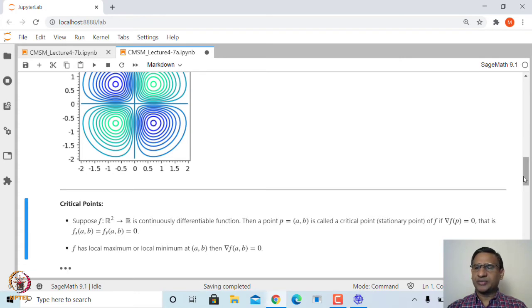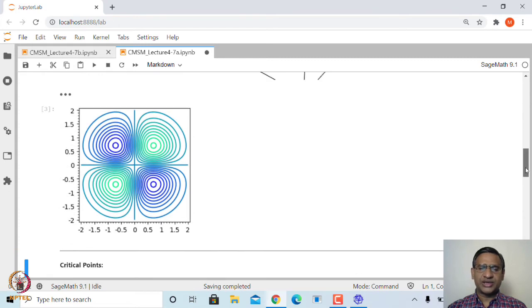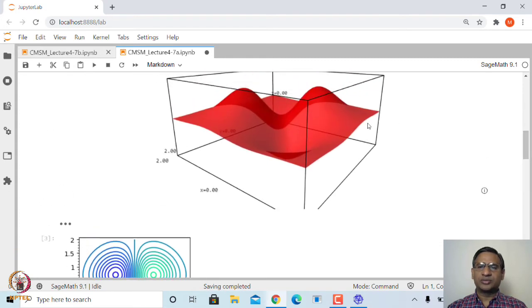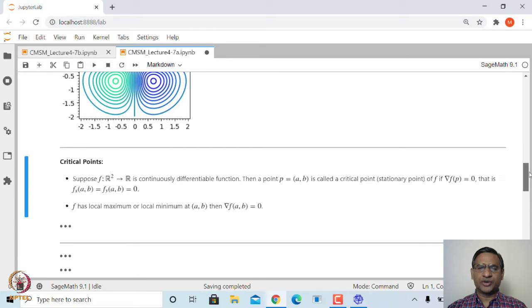Local maximum, local minimum and saddle points are going to come from these critical points. Critical points are also known as stationary points. Okay. And if the function has a local maximum or local minimum at any point (a, b), then we saw that the gradient at that point must be 0, which is the same as saying the first order partial derivatives must be 0. So, that is the necessary condition for a point to be a local maximum, local minimum or a saddle point.